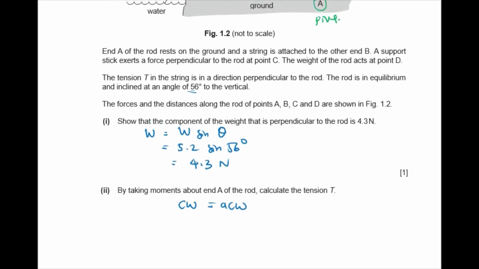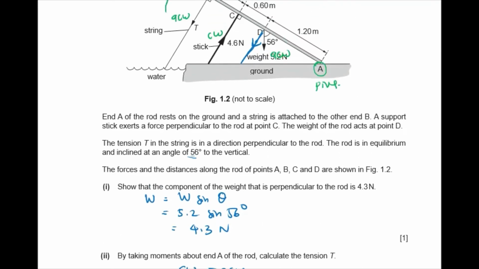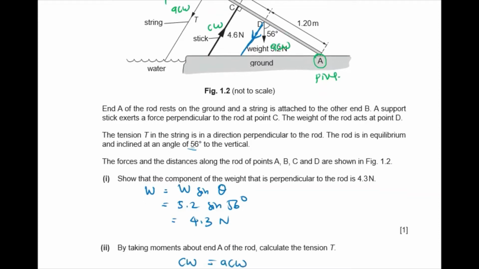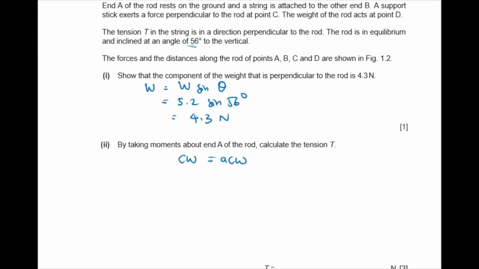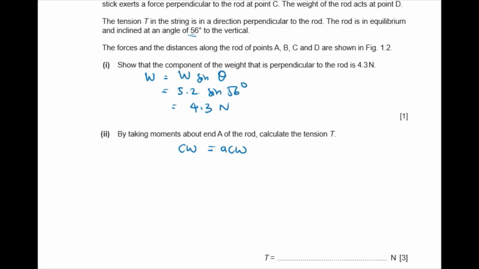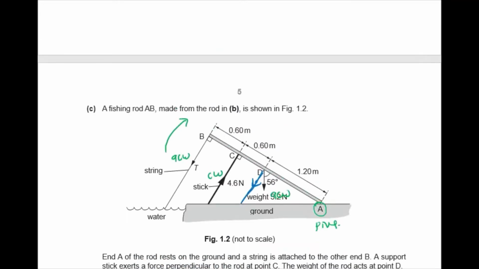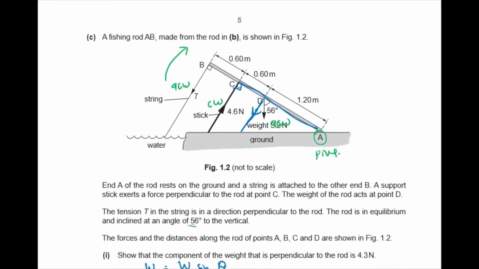Clockwise is stick, so stick 4.6 times the perpendicular distance to the pivot here. Perpendicular distance 0.6 plus 1.2 becomes 1.8.